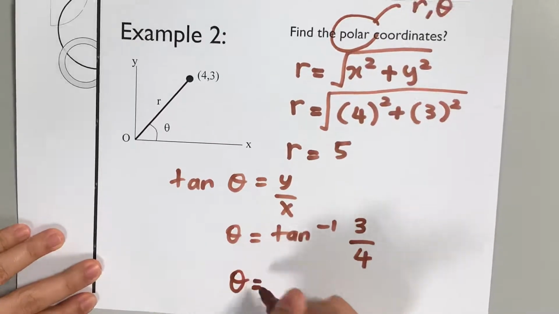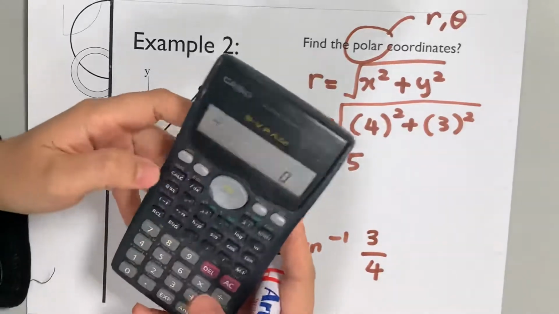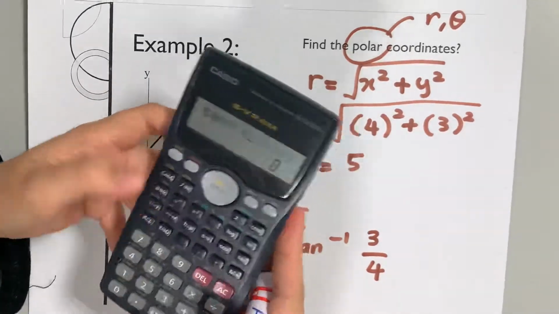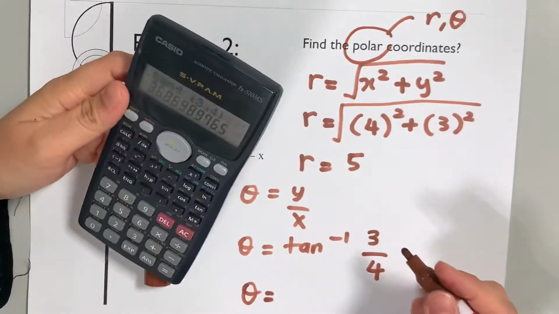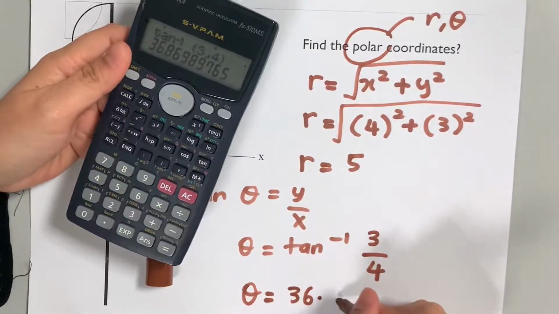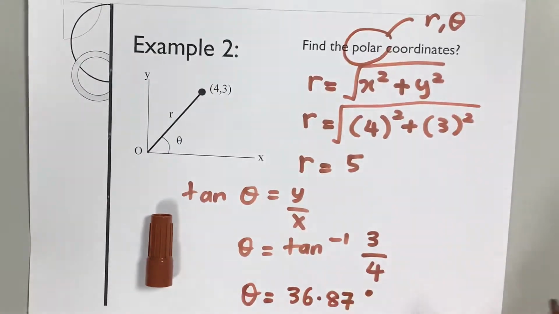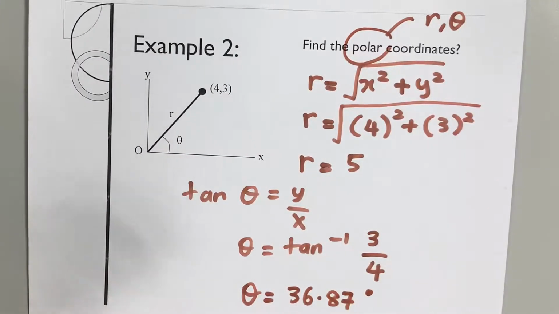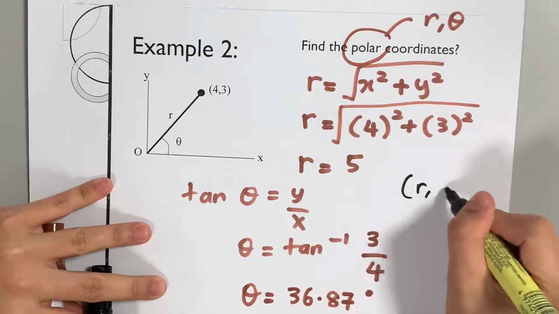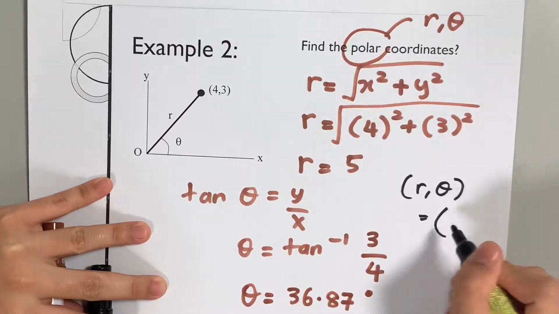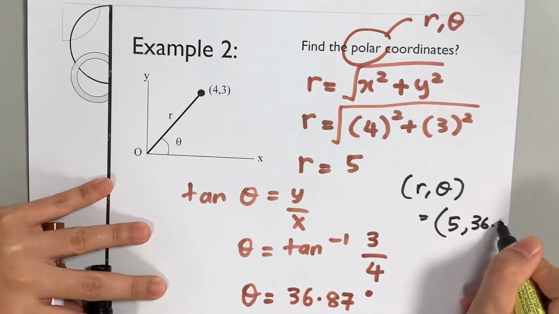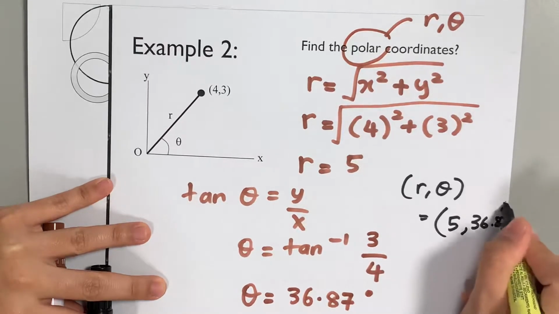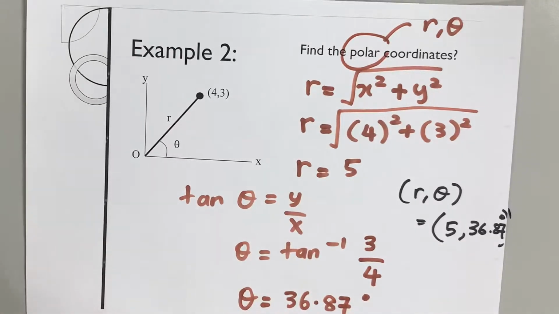So put in your calculator shift tangent, bracket, 3 over 4, and you get 36.87. So r, theta is equal to 5, 36.87 degrees, close bracket. That's about polar coordinates.